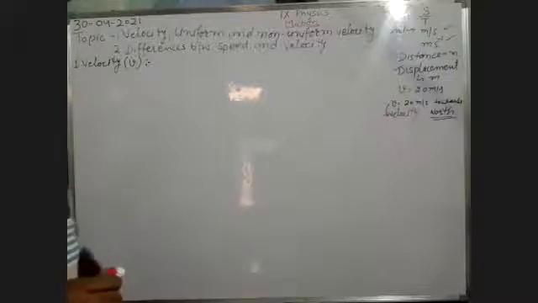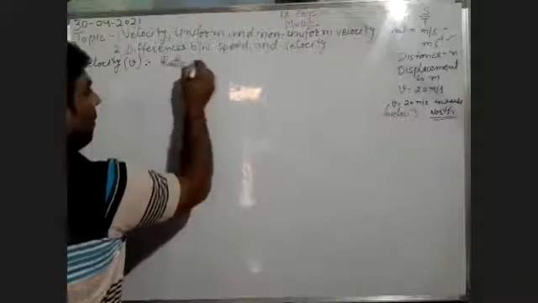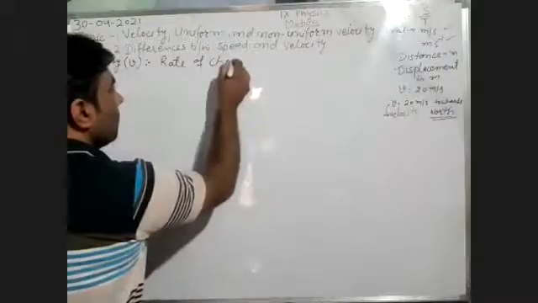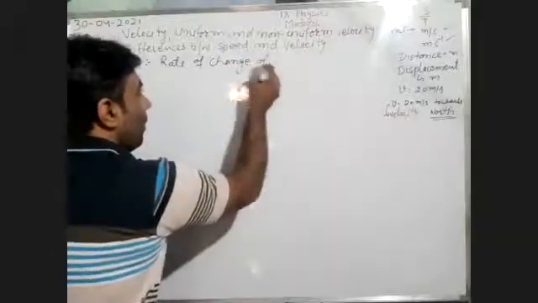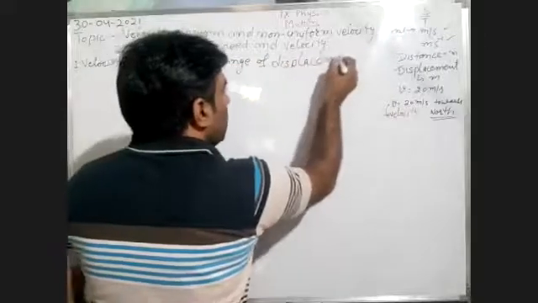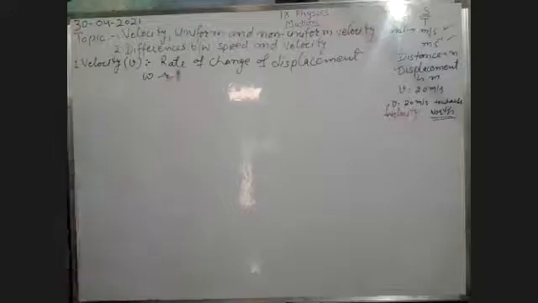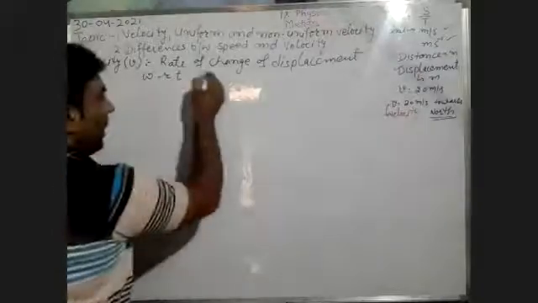How can we define velocity? Rate of change of displacement with respect to time. I am using a short notation WRT for with respect to time.